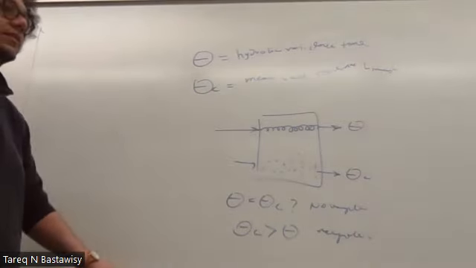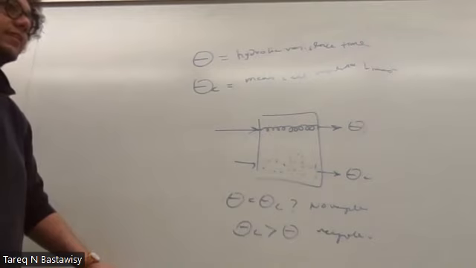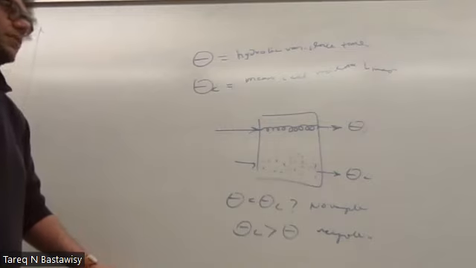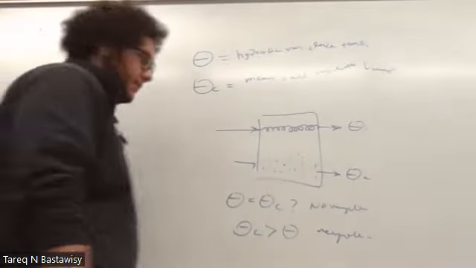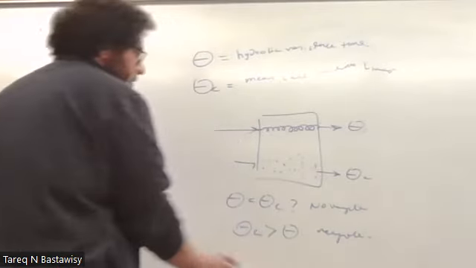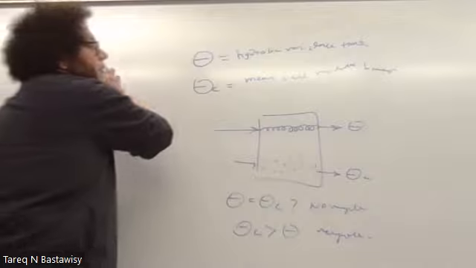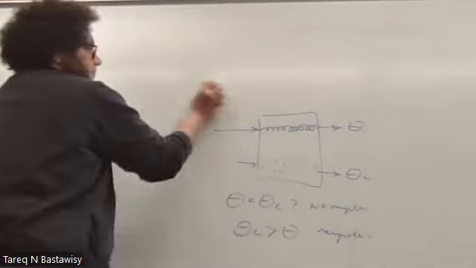It would mean the solids leave faster than the water, which does not make any sense. So I don't think it's an applicable case to say theta C is less than theta. With that in mind, let's go over the question.